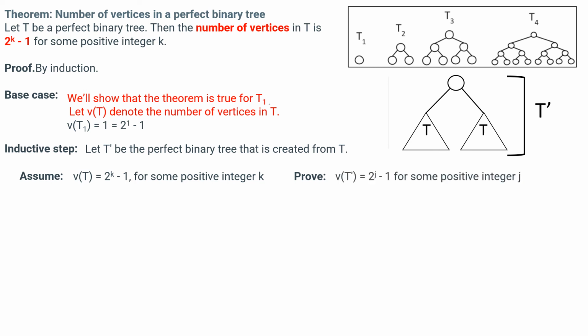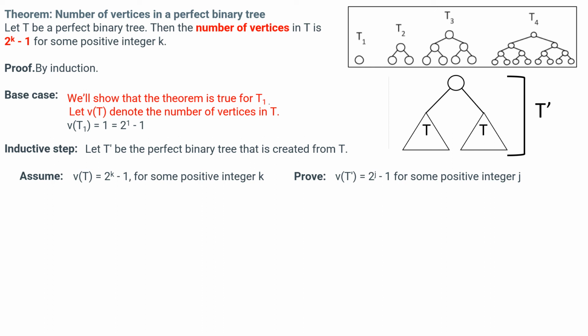We would need to prove that also the number of vertices in T prime would also be 2 to some positive integer power minus 1. So we're just going to say here, let's just call it another positive integer. It's not going to be the same, we called it K for our assumption.